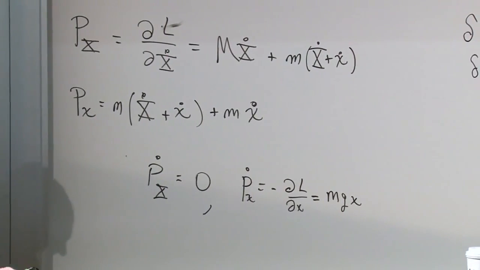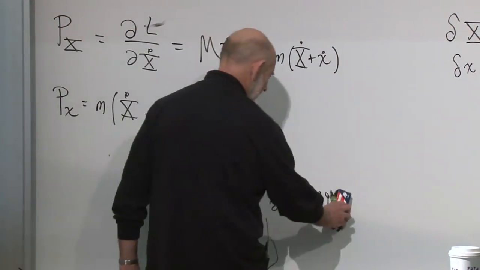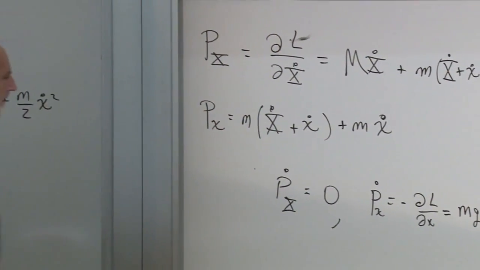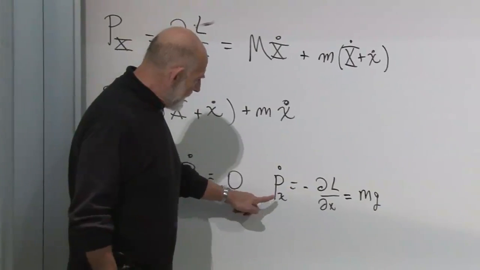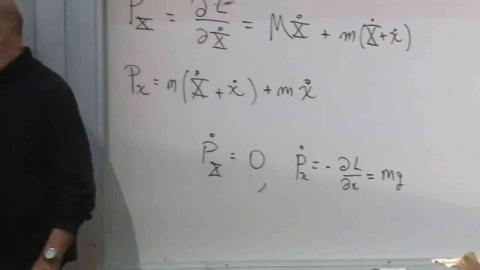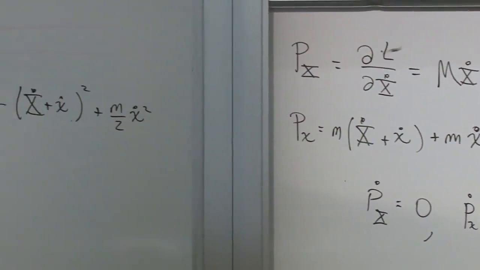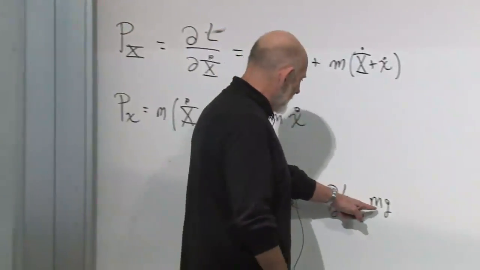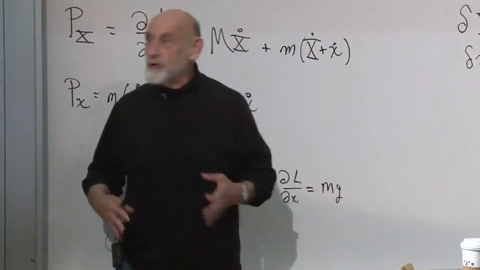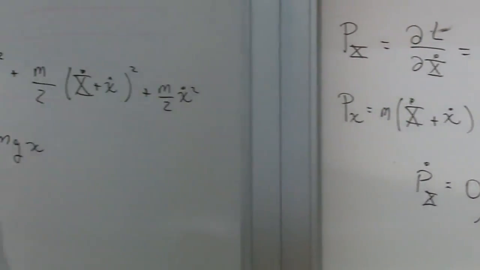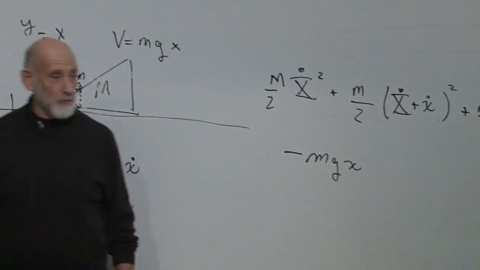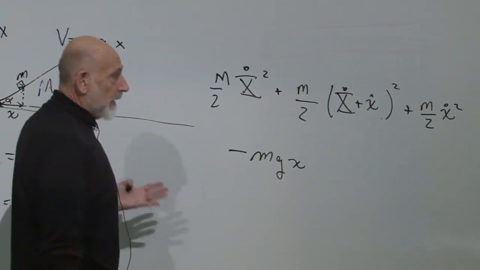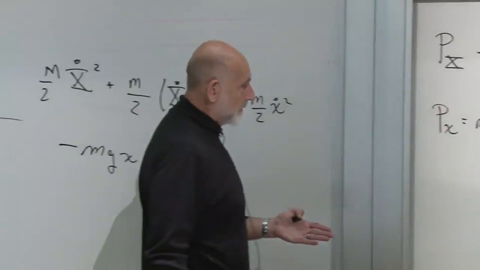Just mg, thank you. Just mg. So it's a little bit surprising that p sub x dot, even though x is a horizontal coordinate, nevertheless, there is a gravitational field associated with it. And of course, the reason is because x is equal to y. There's a potential energy when you move little x, and that manifests itself as a right-hand side to the equation here.